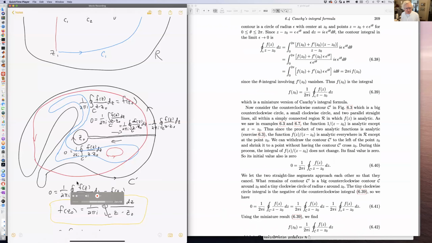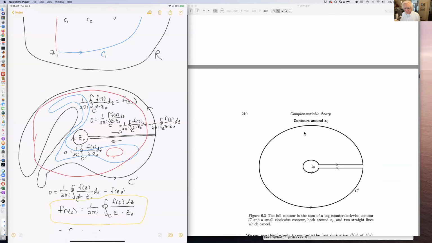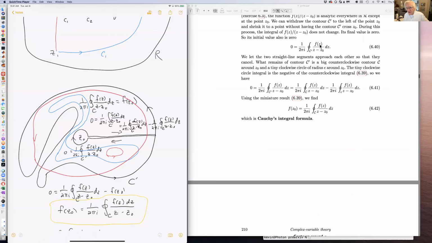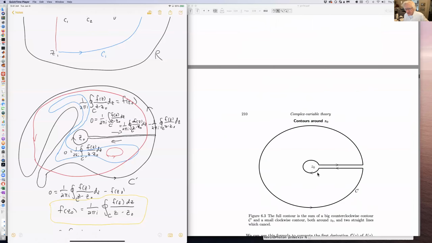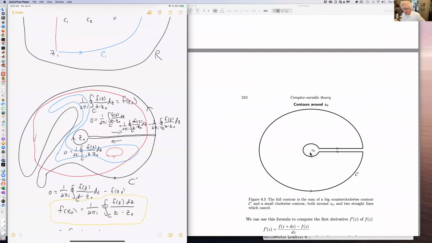So now let's suppose we follow a contour like the one in figure 6.3. So we go around C prime, over here, down, around. The function, which is the ratio of f of z over z minus z0, is analytic everywhere except at z0.